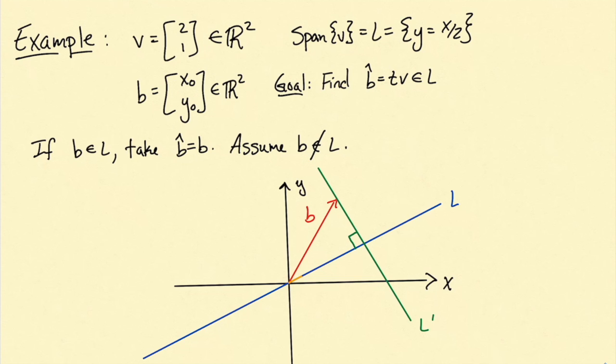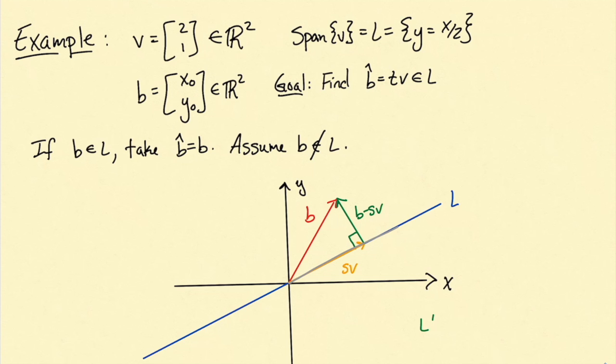If we choose a vector, let's call it s times v, that points from the origin to the intersection of these two lines, L and L prime, then the vector which points from the intersection of L and L prime to the tip of b will be the vector b minus sv.